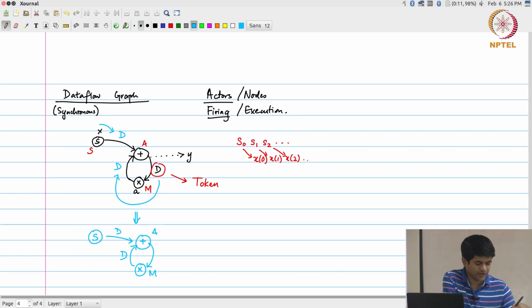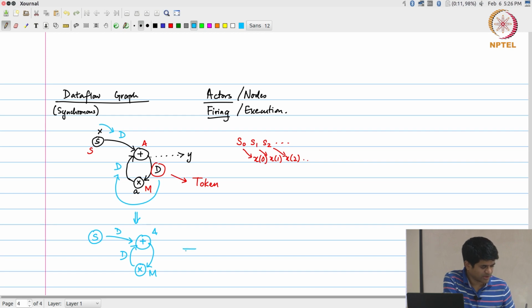A has enough tokens. On all input arcs, it has tokens. What about M? M does not at this point, so M is not ready to fire. S is always ready to fire for the simple reason that it does not have an input, therefore it does not have any dependencies.